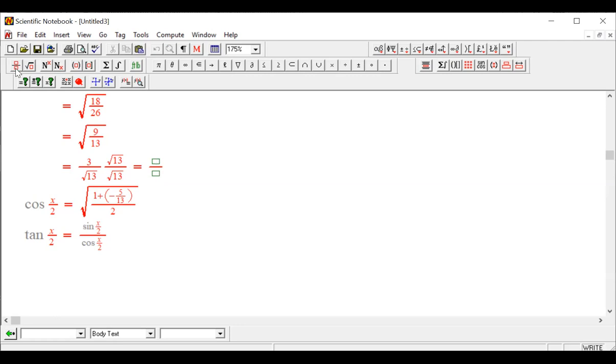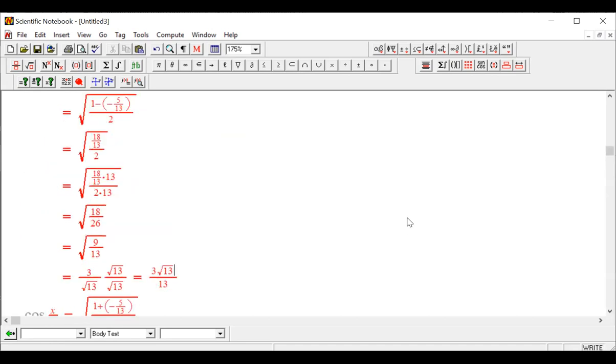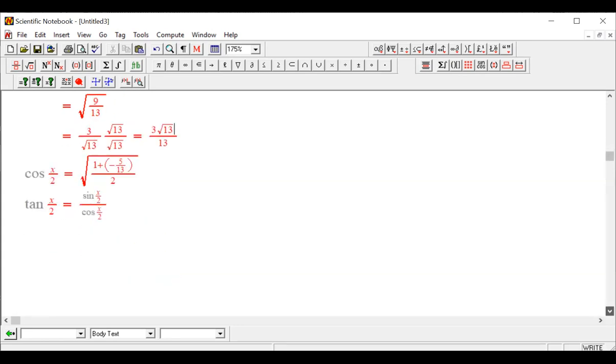So in the end, we get 3 over 13 multiply root 13. It's not terribly difficult, right? It takes patience though. It does take patience.